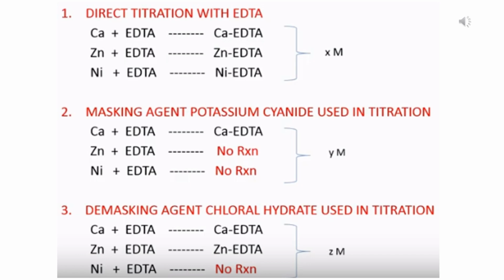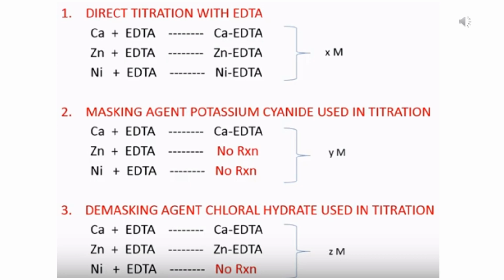Next is the demasking agent, whose example we already discussed: chloral hydrate is used as a good demasking agent. For example, here calcium, zinc and nickel, three metal ions, are present, and we want the other two, calcium and zinc, to react with EDTA, but nickel should not.